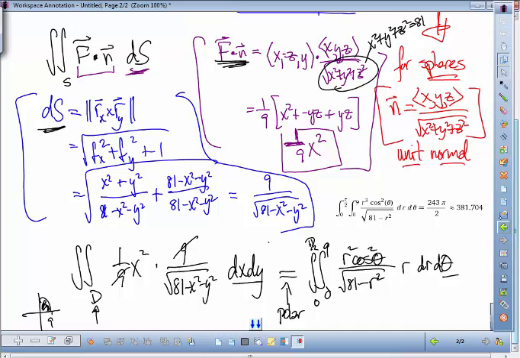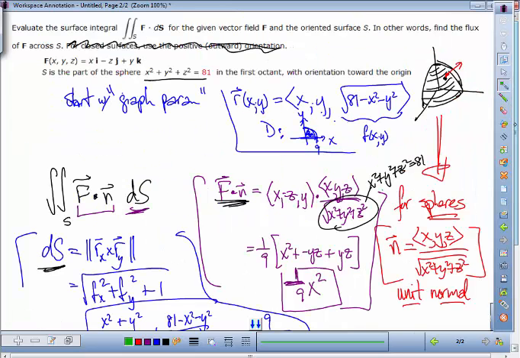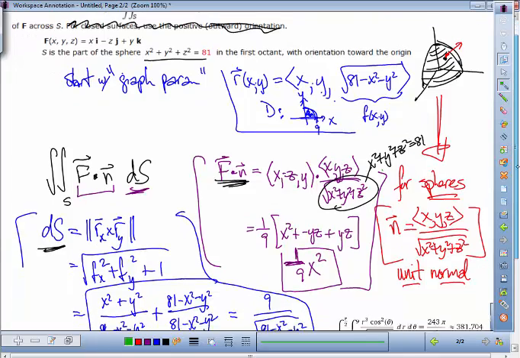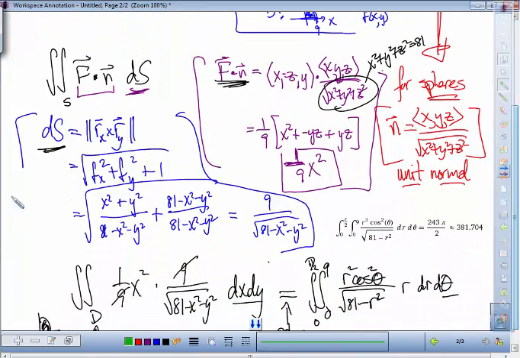The derivative? I think I did it right. Let's see. So what's our function? Our function f is 81, so it's 1/2 times 81 minus x squared minus y squared to the negative 1/2.